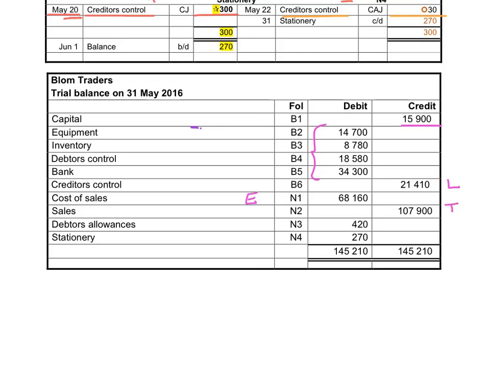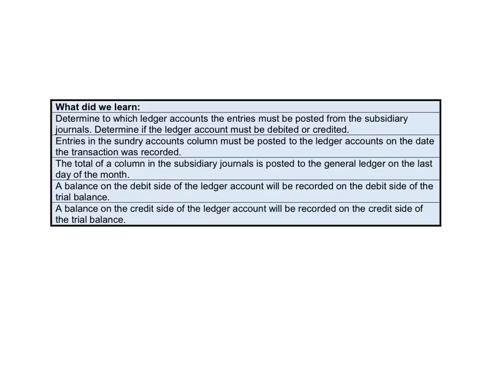Sales is an income with a credit balance. Debtors allowances and stationery are expenses with debit balances. After we recorded all the balances, we will add up the trial balance, and both these totals must be the same. If they're not the same, it means that you made a mistake somewhere and you have to go and look for the mistake. What did we learn?